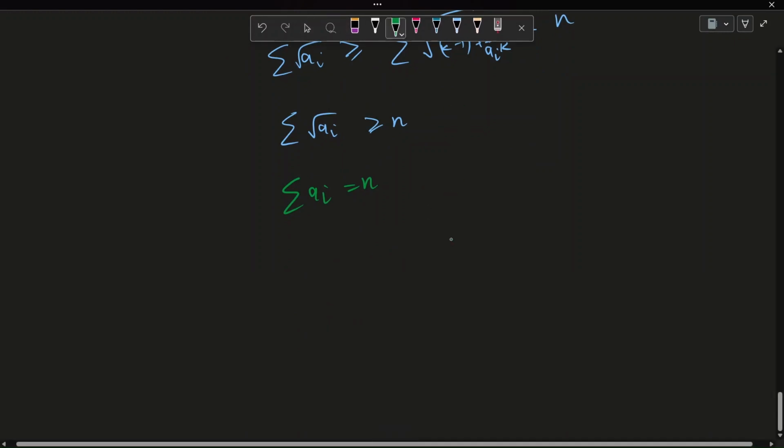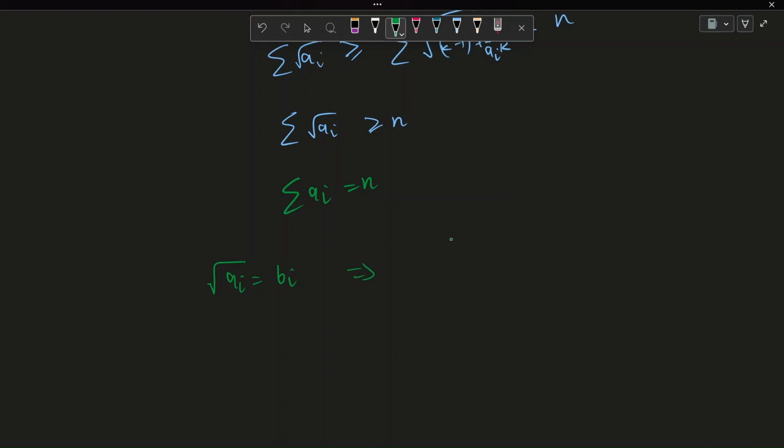So for simplicity, let's call square root of ai as bi. So this basically means that ai we consider as bi square. Notice that square root of ai is defined because ai is a positive real number and square roots of positive numbers are always defined.